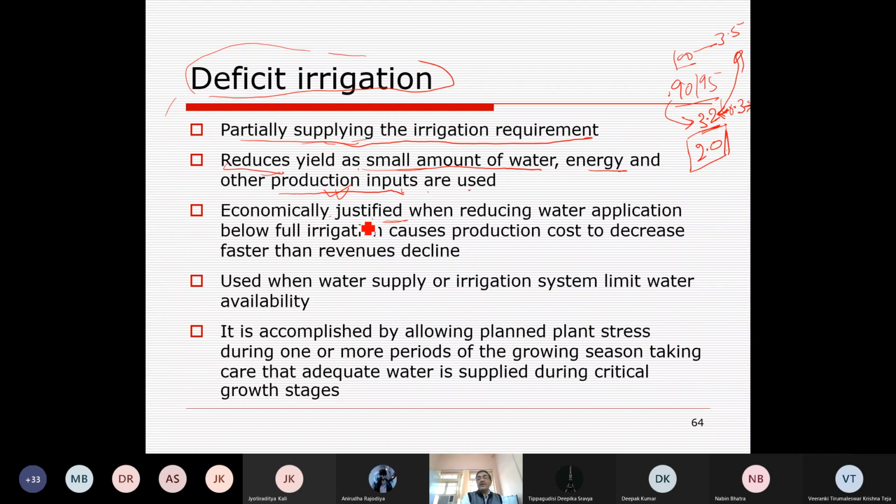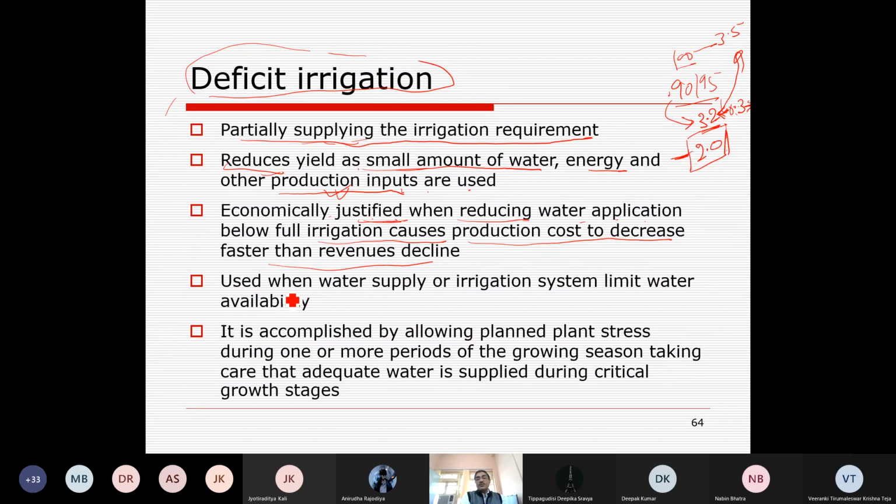So it's economically justified when reducing water application below full irrigation causes production cost to decrease faster than the revenue declines. So the difference is justified, but not in this case.